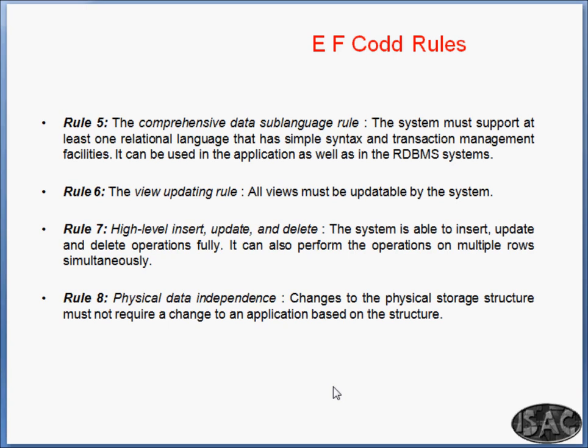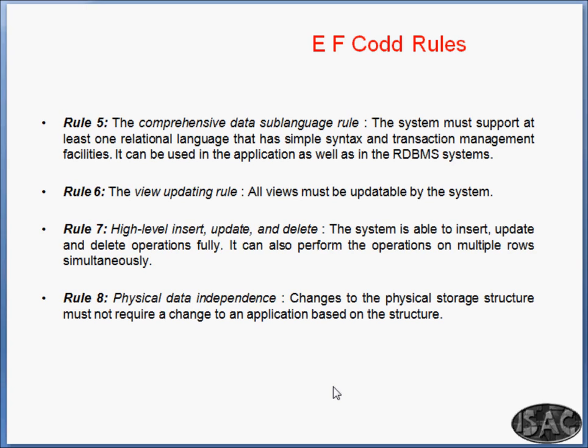So it must have a DML operation, it must have a DCL operation, it must have a DDL operation, it must have a DTL operation, data transactions language. So it can be used in the application as well as in the RDBMS system. So that language we can use with some application, and we can directly write with the RDBMS also.